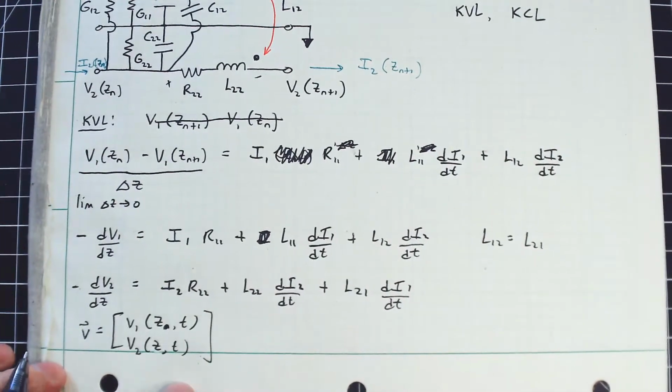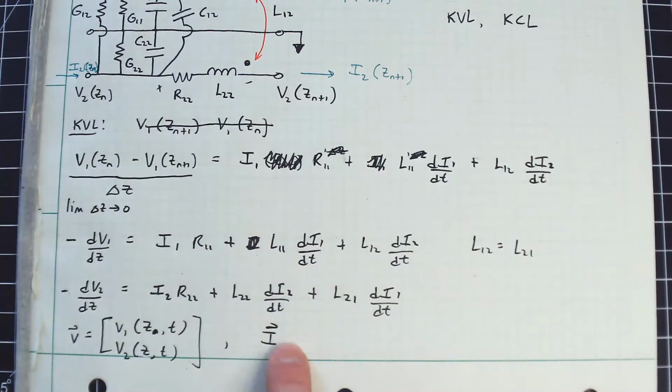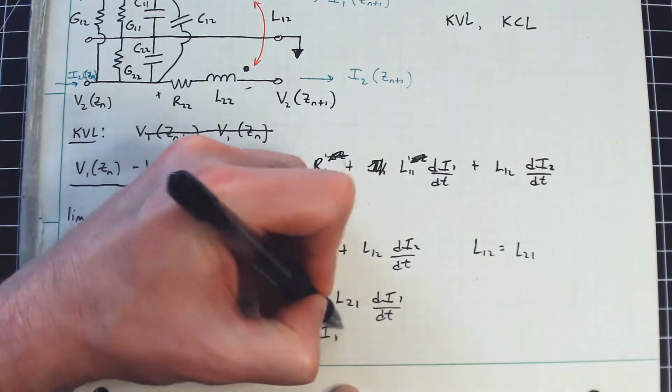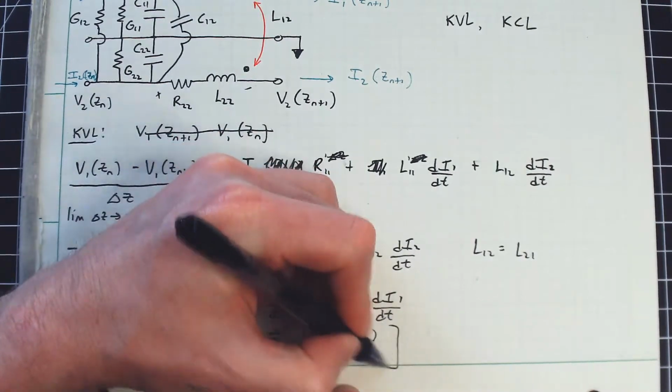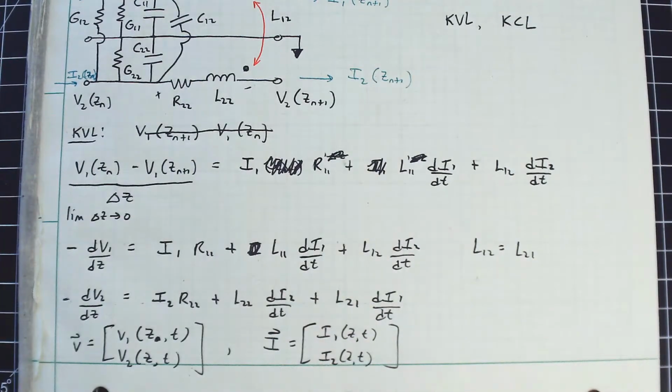So it's a vector of voltages along this line. And then there's going to be a current, so I'm using a little arrow to indicate that that is also a vector. It's going to be I1 of z comma t, and then I2 of z comma t, like that.